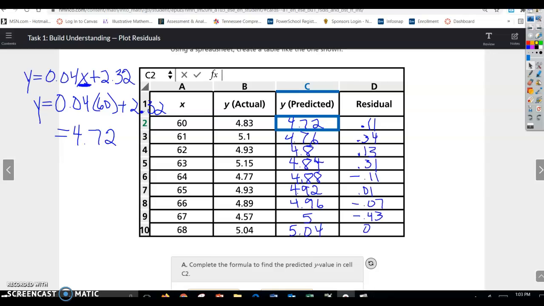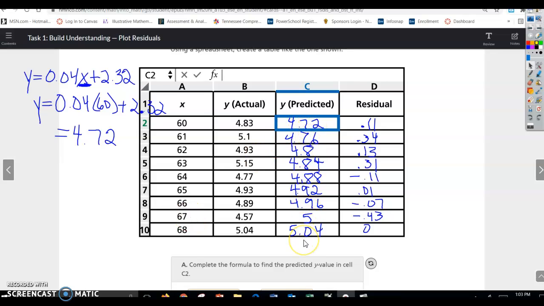Hopefully you paused the video and took time to fill out your table. All you had to do was take the equation and substitute x into the equation one at a time. That gave you your predicted value, because this equation is the one we found for the set of data, and by plugging in the x's, it gives us the y value.